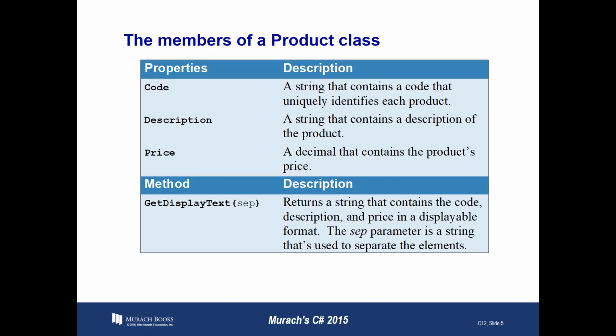That's what we mean by products. And so we may have a code, a product code, which is a string that contains a code that uniquely identifies each product. We may have a description of that product, and then we may have a price for that product. And these are properties, which are like just variables.